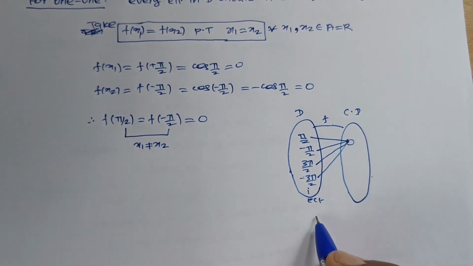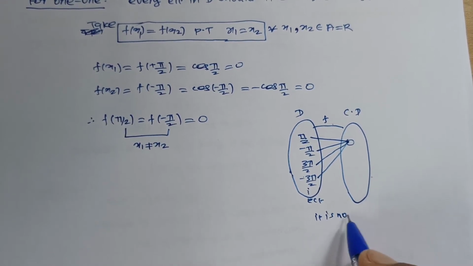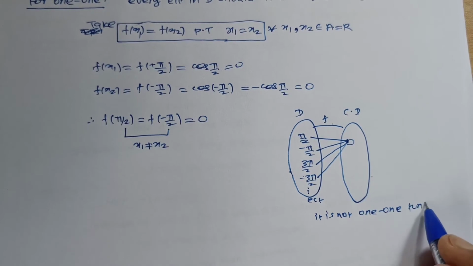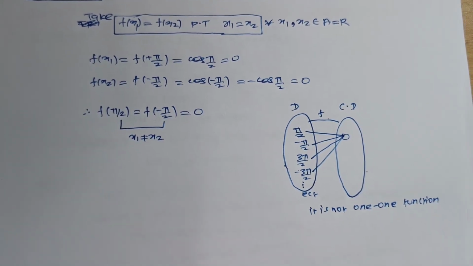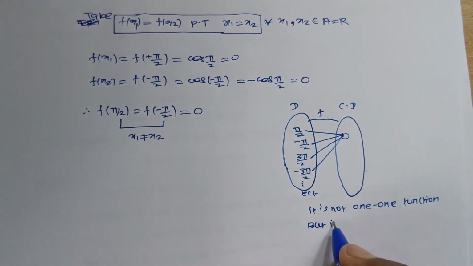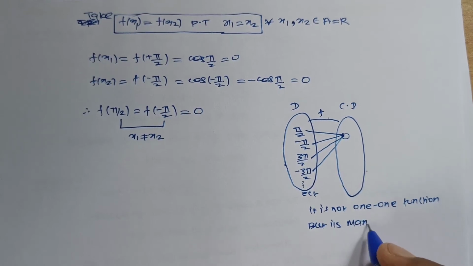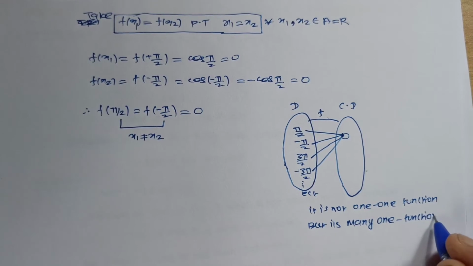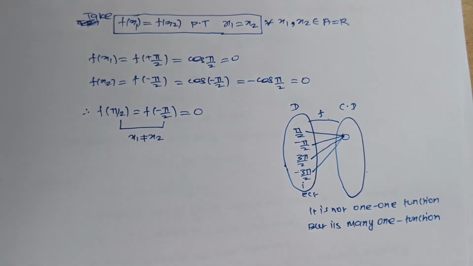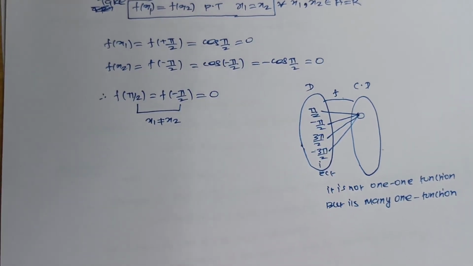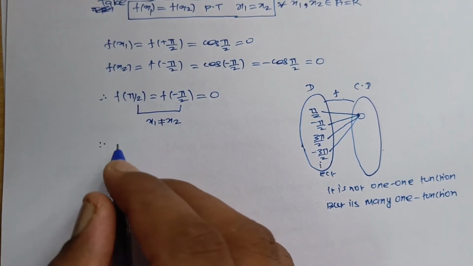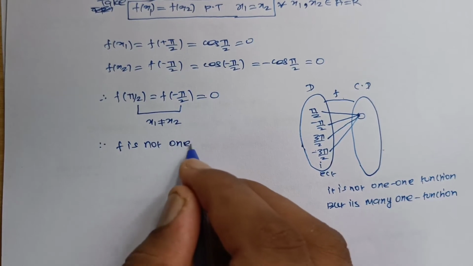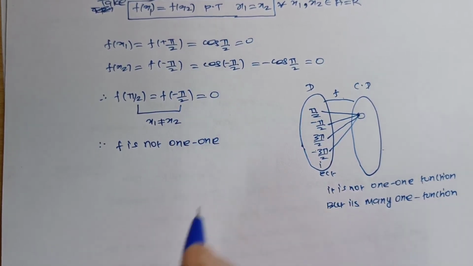So it is not a one-to-one function, but it is a many-one function. It is a function but not one-to-one. Clear? Therefore f is not a one-to-one function.